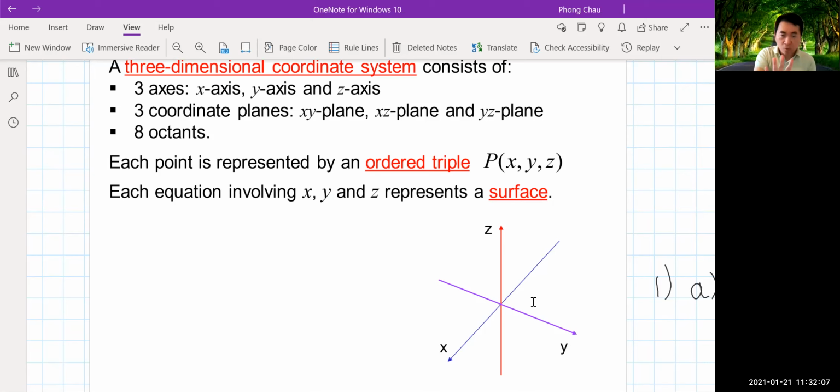So that's a vertical plane. And then there is an XZ plane. The XZ plane is also a vertical plane. You probably can't see it well, but it's vertical like this, going toward you.